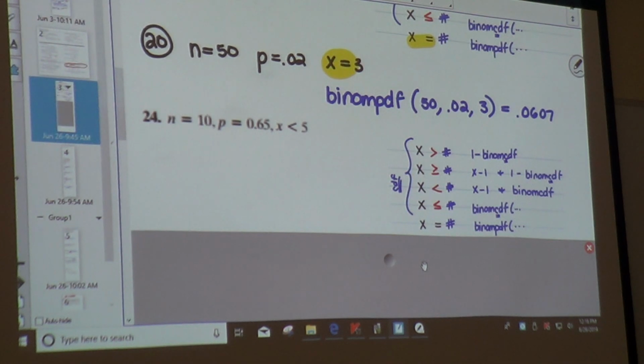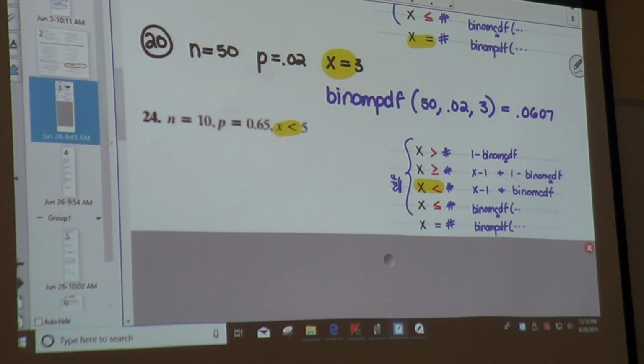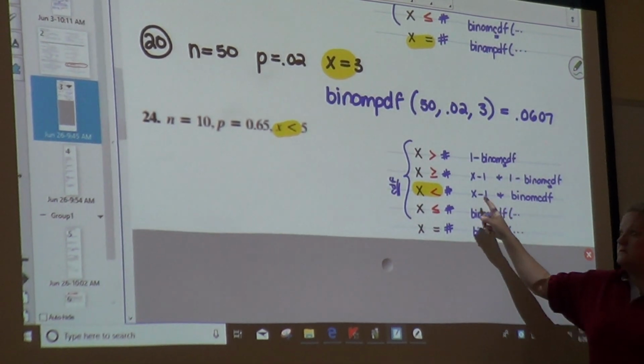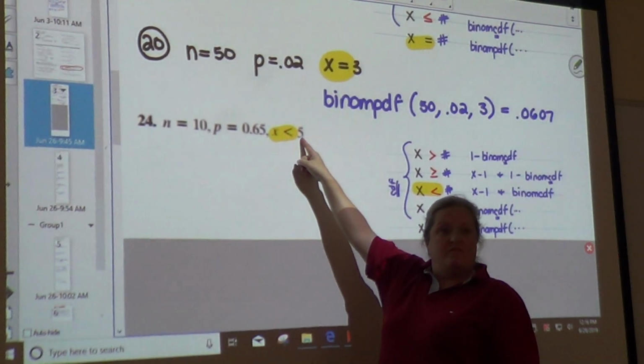All right, we look at our X. Do you see that we're going to be using this rule? The first part of the rule says, take your X value and subtract 1. So that is going to become a 4.